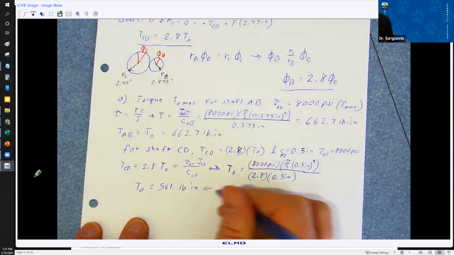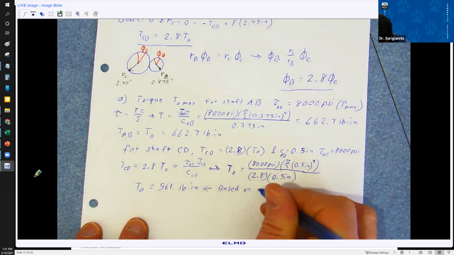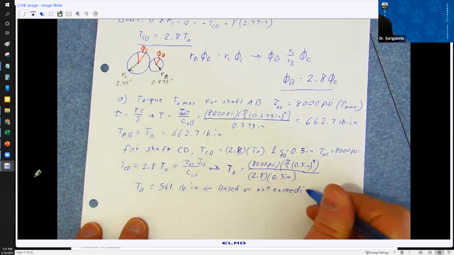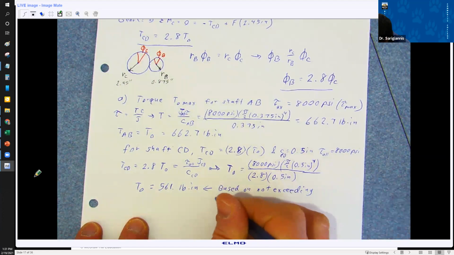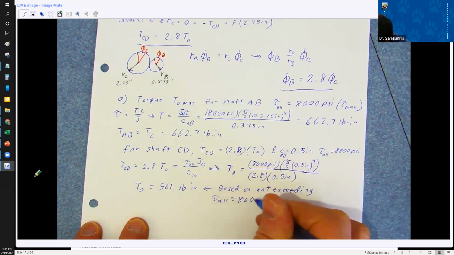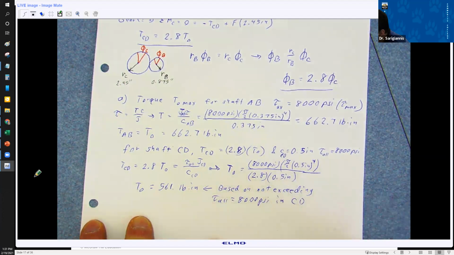This is based on not exceeding tau allowable equals 8,000 PSI in CD, right?